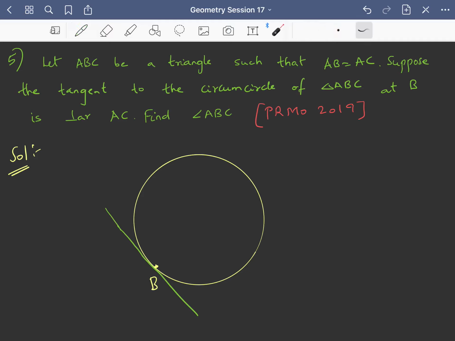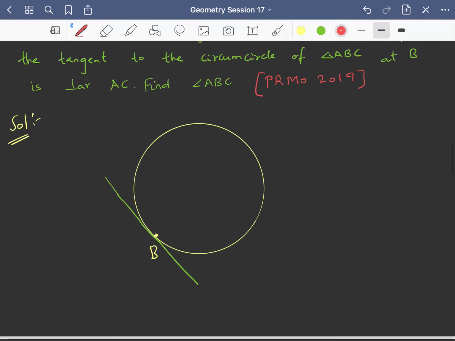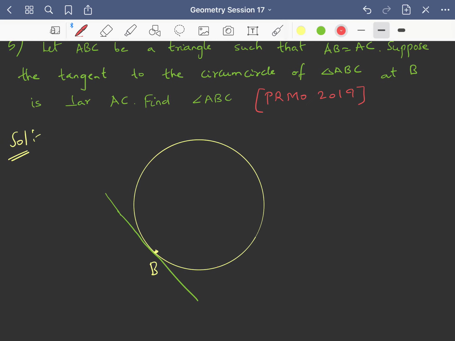So AC would be in this direction, right? This would be the direction of AC. Okay. So my AC would be something like this, right? This would be AC, right? This is perpendicular. Okay, so this is the tangent at B, and clearly AC is perpendicular, so this is 90 degrees.